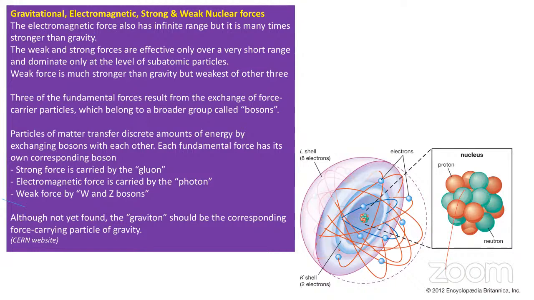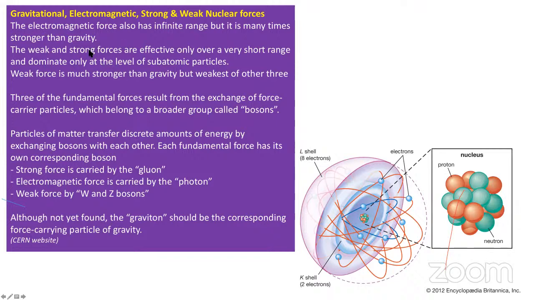The electromagnetic force works between particles of the same charge or opposite charge in a different way. And here, of course, it is dependent on the distance. Then there are the strong and weak nuclear forces. The electromagnetic forces also have infinite range, but are many times stronger than gravity.